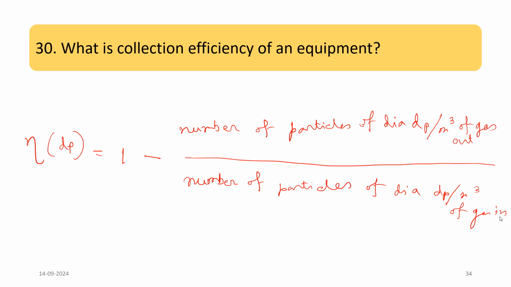So how many particles are there per volume of the gas that is going out, and the number of particles of a certain diameter per volume of gas that is going in, has to be subtracted from 1. This is our collection efficiency.